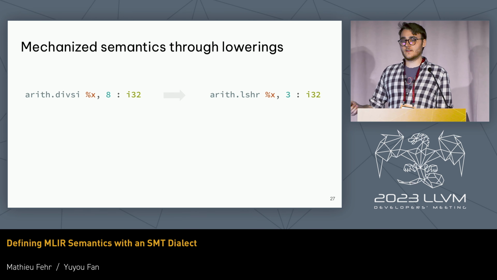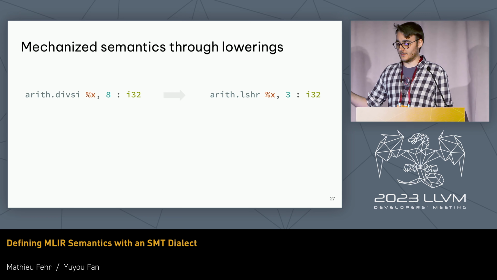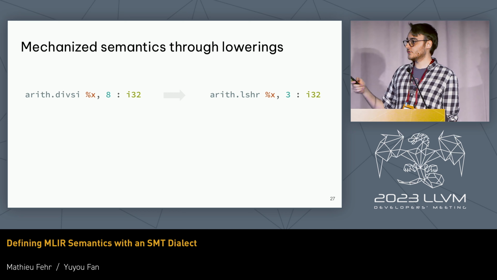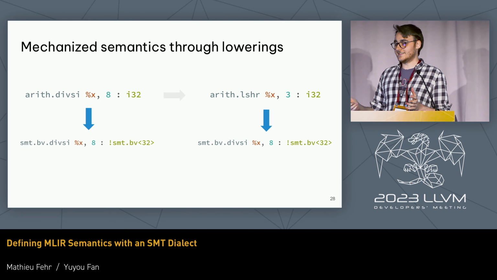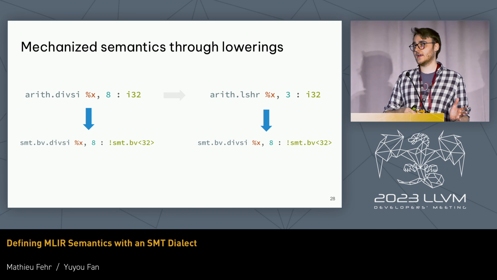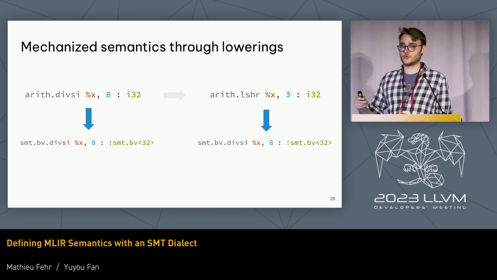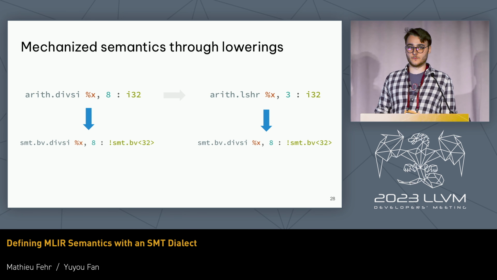If you recall our previous explanation of how MLIR TV works, the translation from our arith programs to SMT is exactly an MLIR lowering, or an MLIR transformation, from the arith dialect to the SMT dialect. If you have your own dialects, you would just write a lowering to SMT to provide the semantics, or the mathematical meaning.